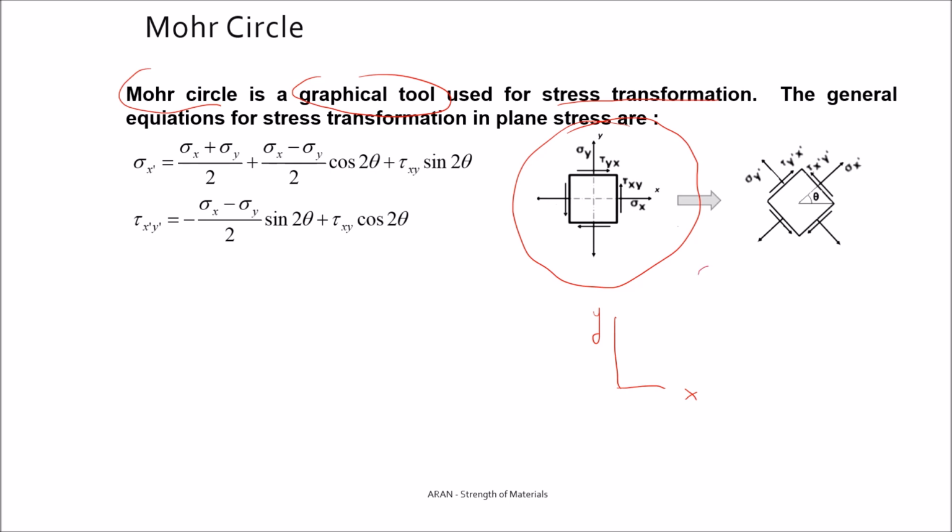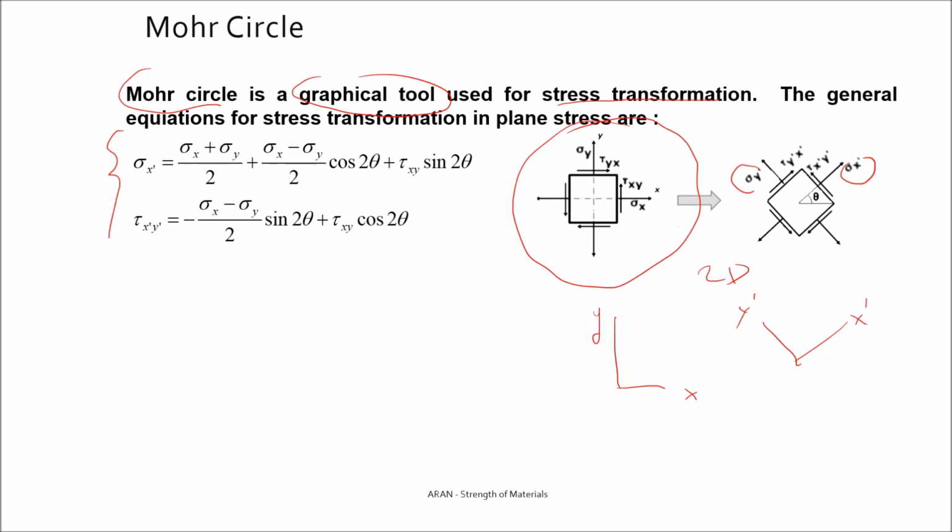Well, this is a two-dimensional example, and we would like to know the components in a new x prime, y prime coordinate system. We have to transform the stresses and find the new stress components.